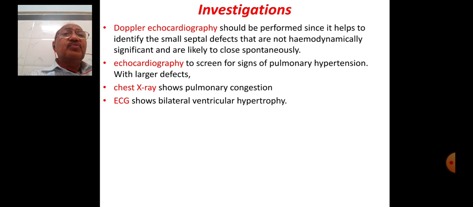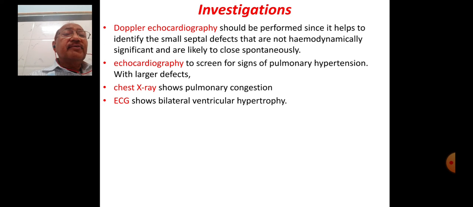Investigation: of course, the most important investigation is Doppler echocardiography, and it should be performed since it helps to identify the small defects that are not hemodynamically significant and are likely to close spontaneously.